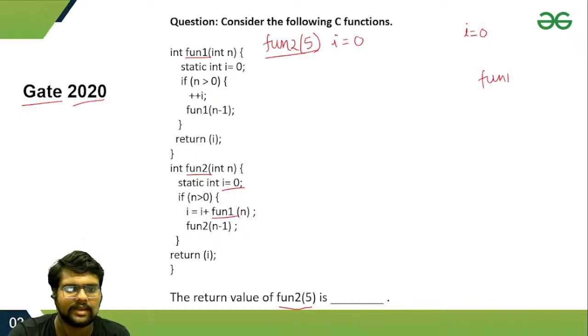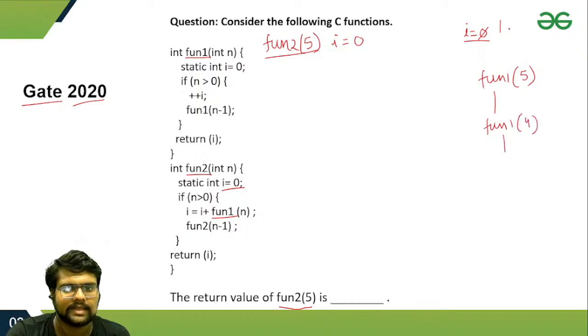Because it is a static variable, its scope will be local to this function, but its lifetime will be throughout the program. Here we are calling fun1 with the value of 5. First i gets incremented, so i will be 1, and then fun1 of 4 will be called.